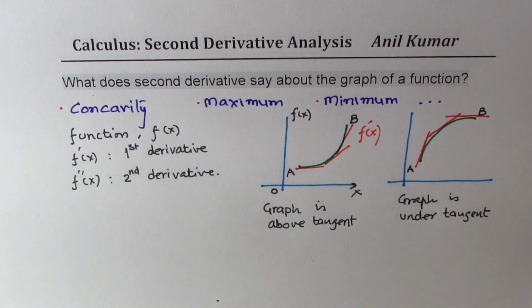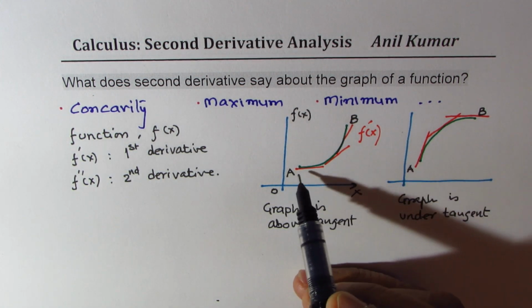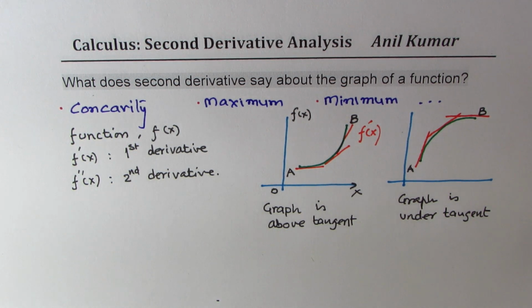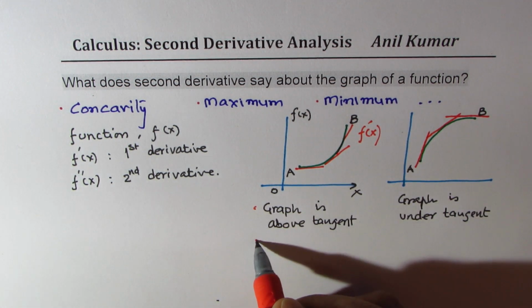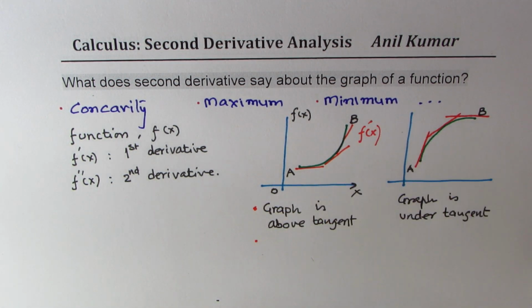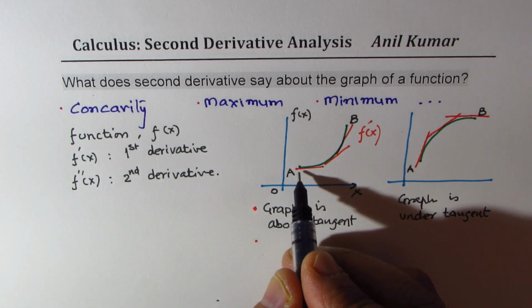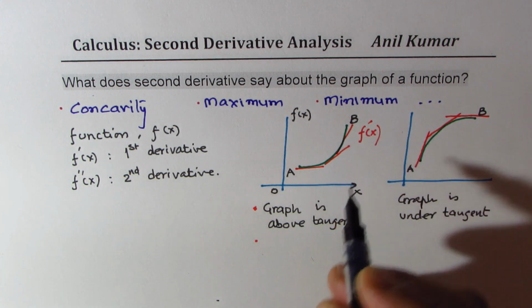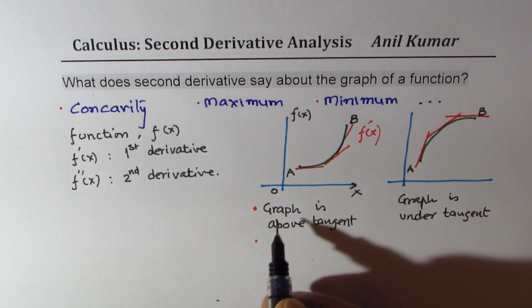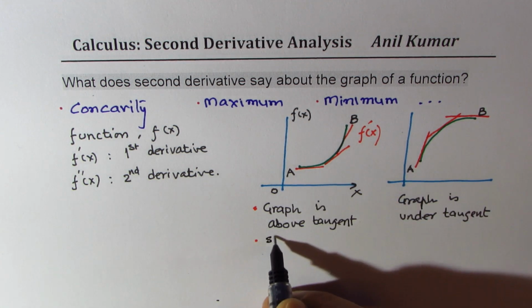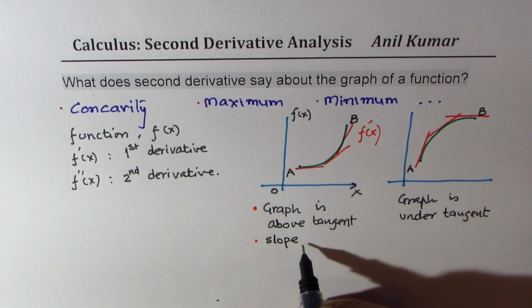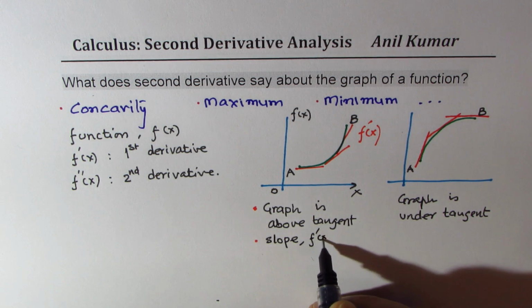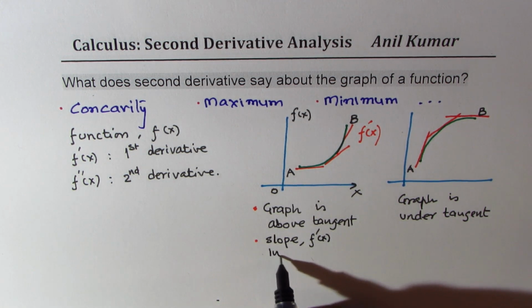What else do you notice? Well, all along this path, what we notice is that the slope of the tangent increases, right? So in this case, it is kind of zero. It goes positive and higher positive, right? So all along the path from A to B, the slope, or you can say f dash x, increases.